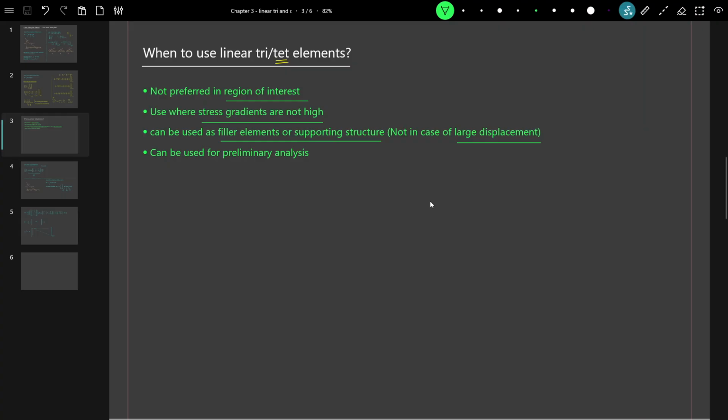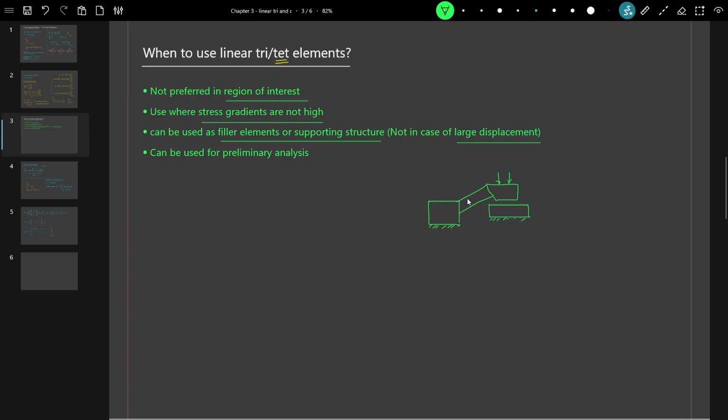For example, if I have some structure like this, I'm just giving some situation. This is one structure and here we have another block, and we are applying some load or pressure here.